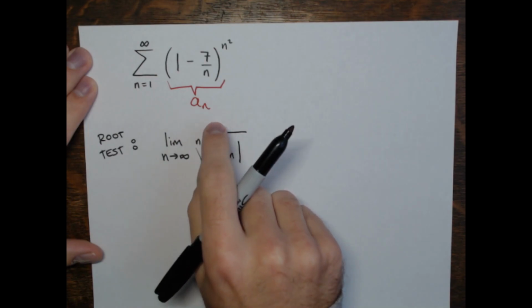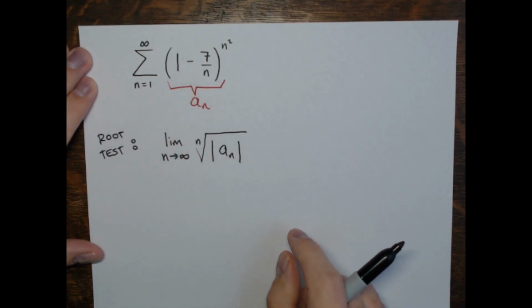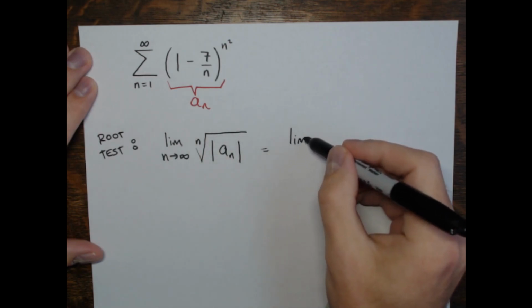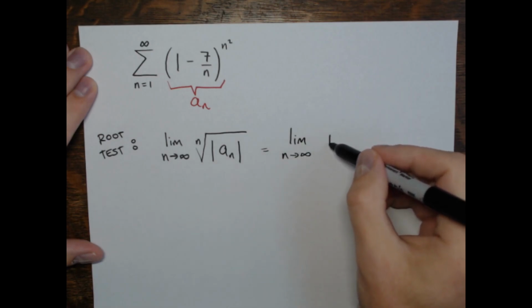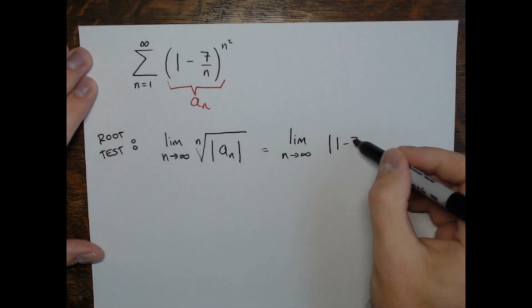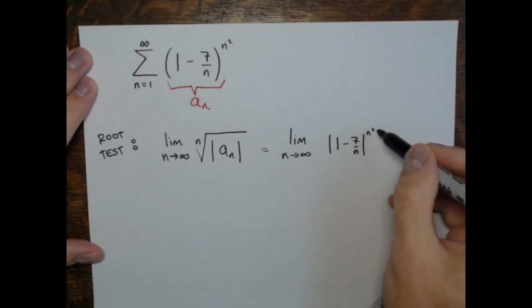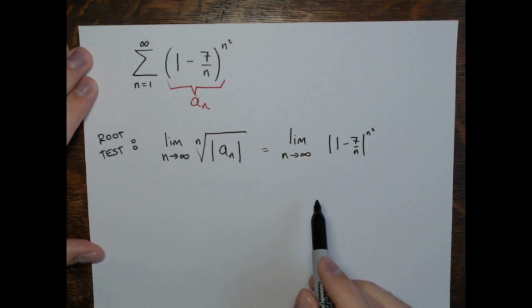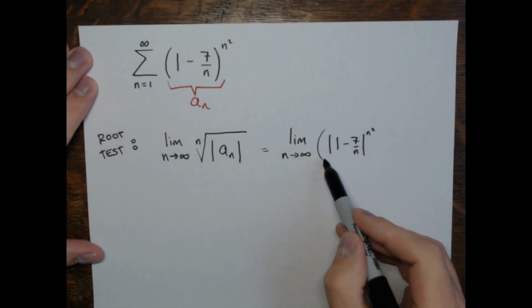Now this is this limit. Limit as n approaches infinity of the absolute value of 1 minus 7 over n. Now I'll just put the n squared outside this, right? Because there are properties of absolute value products. And then we're doing the nth root.